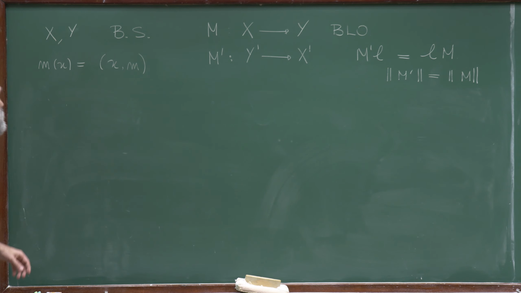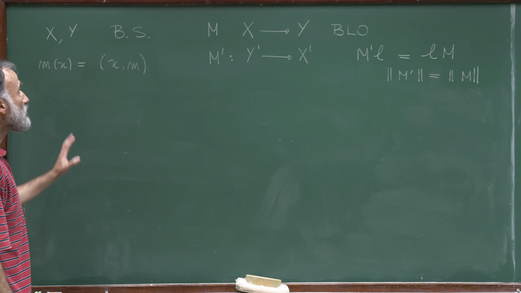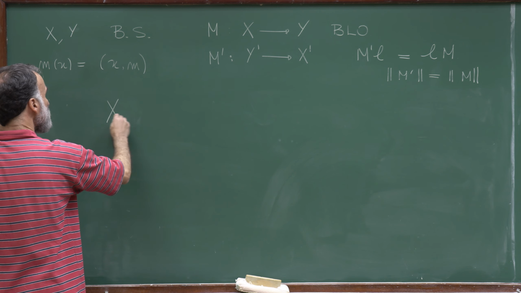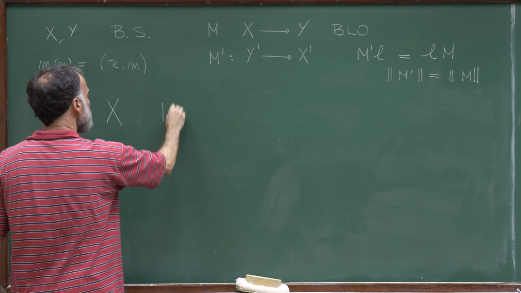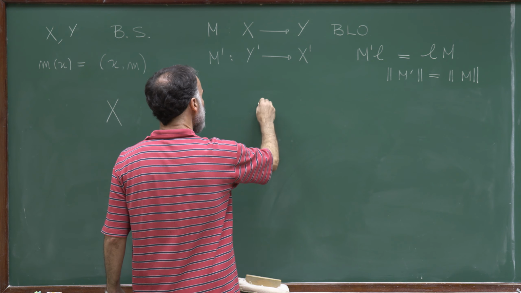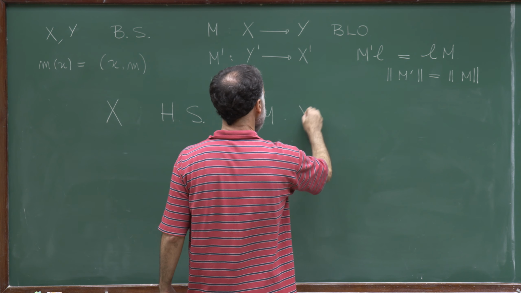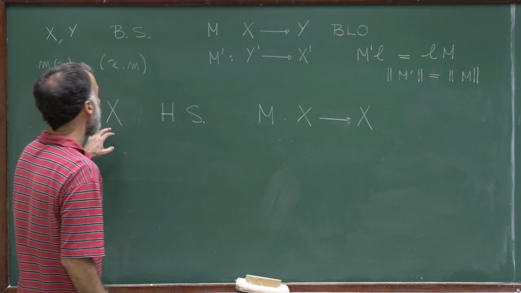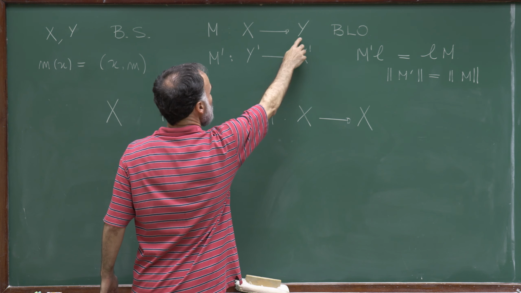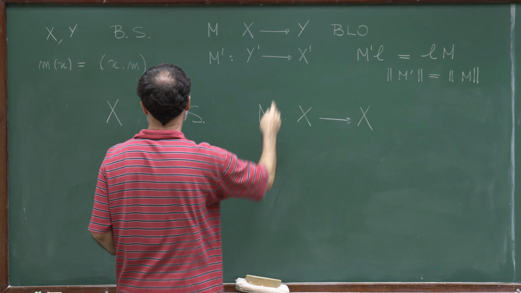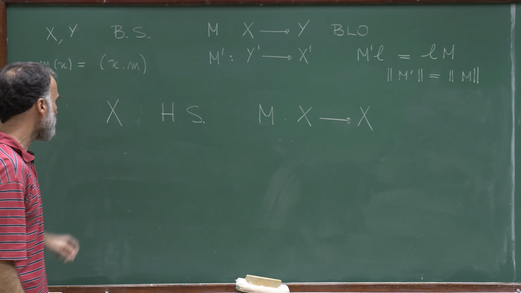So I want to conclude this lecture by considering a special case. I'm assuming now that X is a Hilbert space and that I have a bounded linear operator from X to X. So in my previous context, I set Y equal to X, with X and Y a Hilbert space.